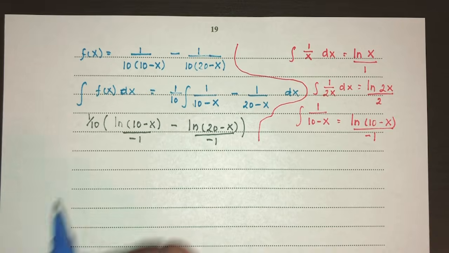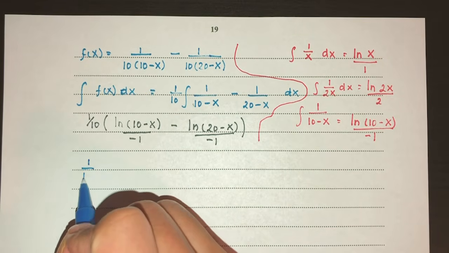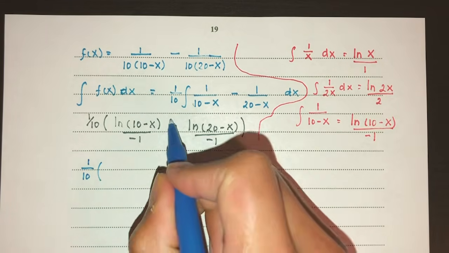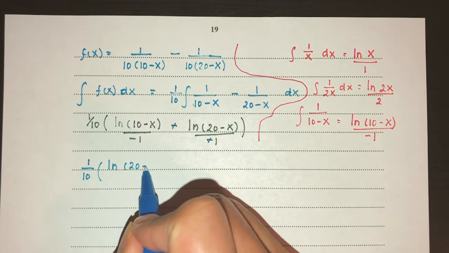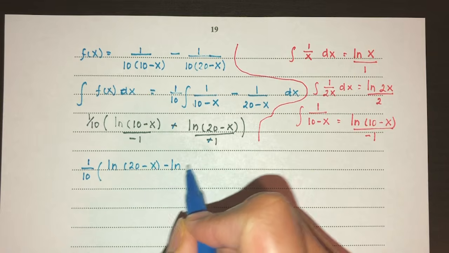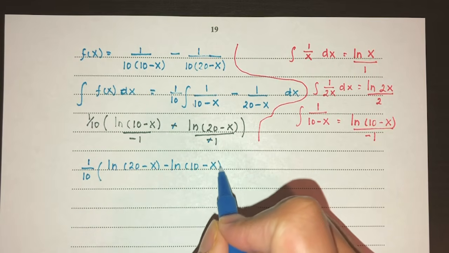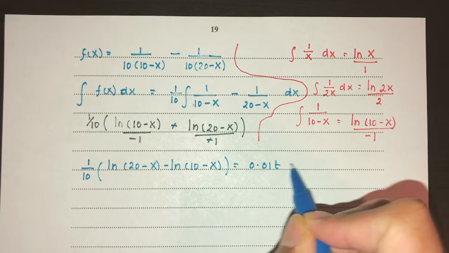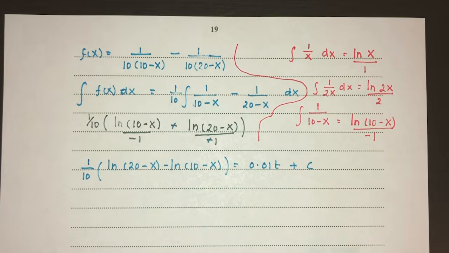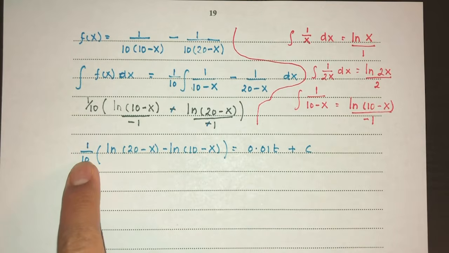You will have 1 over 10. So minus become plus. That will be ln of 20 minus x minus ln of 10 minus x equal to 0.01t plus the constant c. Now if you want to send this over here, you can multiply by 10 to eliminate this one.